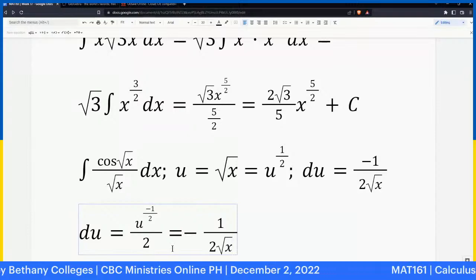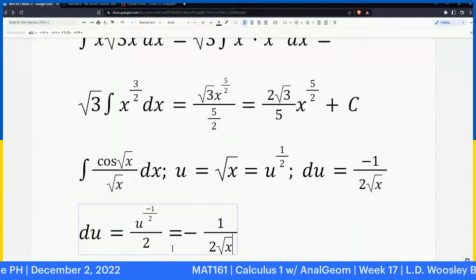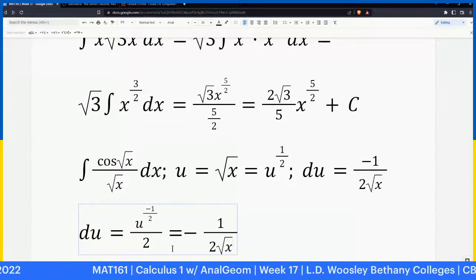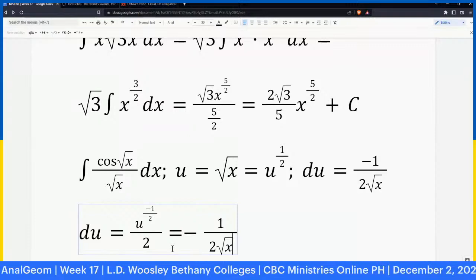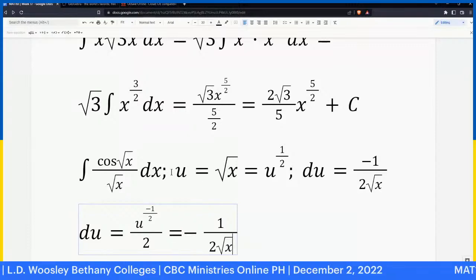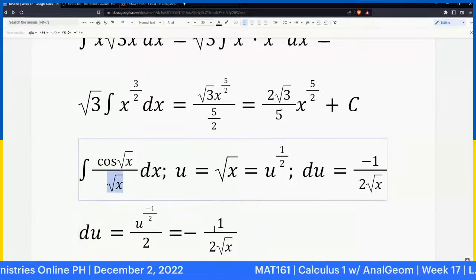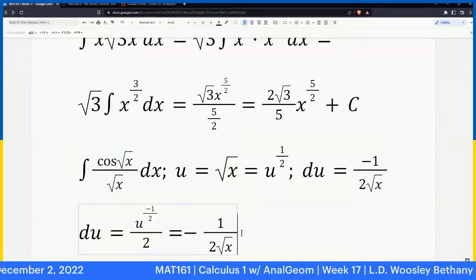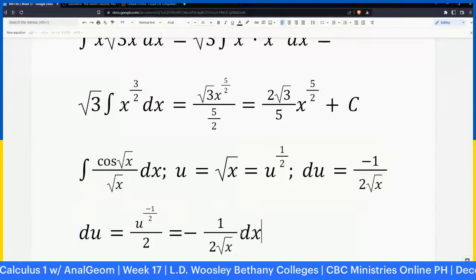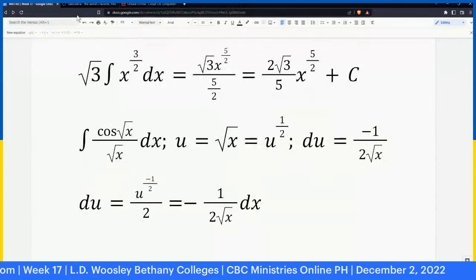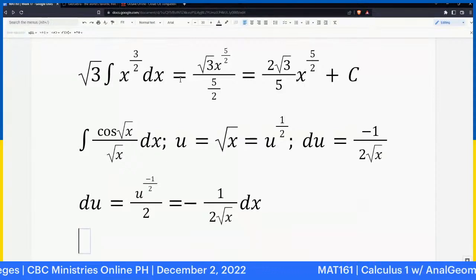At tanong, yung du mo, nakikita ba? Nora Banji, nandiyan ba? Existing ba, Banji? Yung itong du? Meron. Yes po. Ito, may square root of x ka dun, no? So, pwede mo siyang isalpak doon, no? Pwede mo siyang isalpak from here.